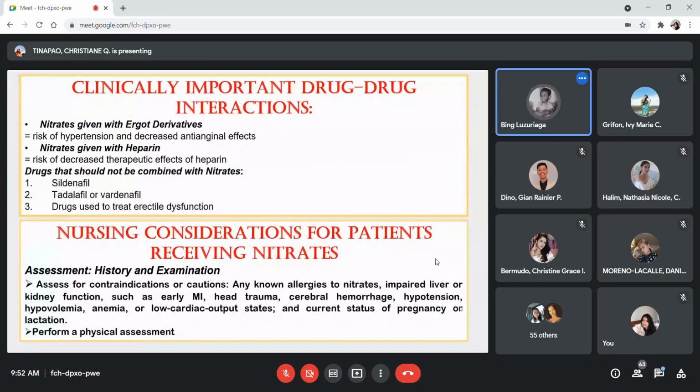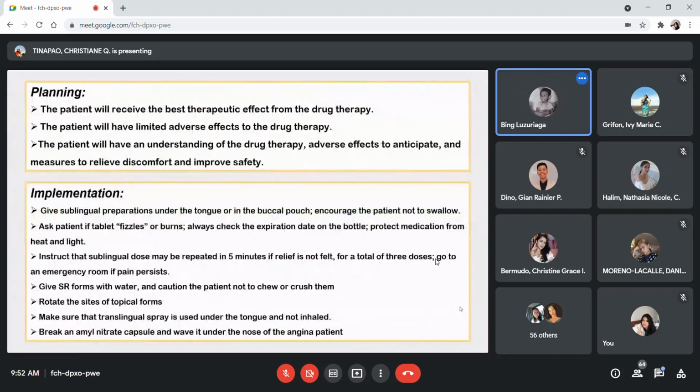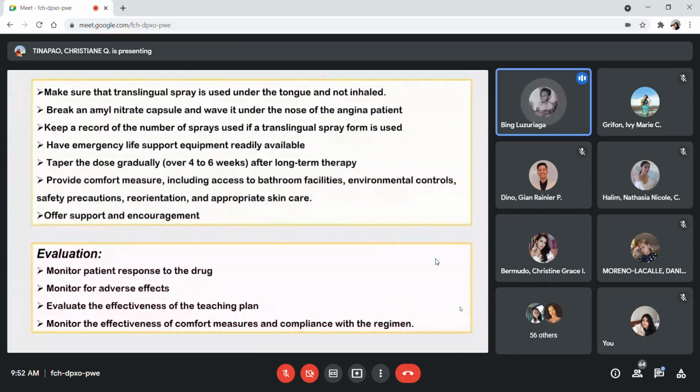Remember that. With nitrates, you should not use them together. We will come back to this when we discuss the reproductive system. Read on the nursing considerations. Next slide. Okay, read on those.